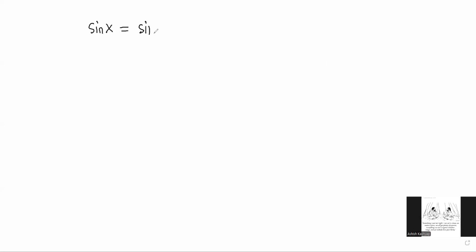Sin, cos, tan. Cos x is equal to cos theta, tan x is equal to tan theta. If you don't know this properly, then you have to look at SL only. The derivation is there in SL only.